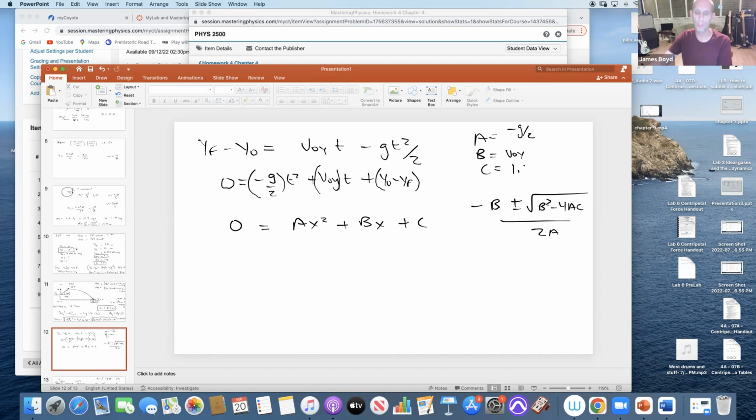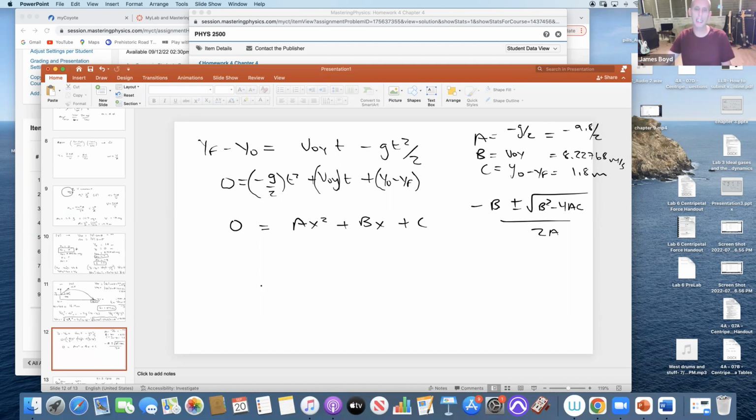Our y initial was 1.8. Sorry, let me actually do it in symbols. Our y final is the ground. Our v initial of y was 8.22768 meters per second, and a is minus 9.8 divided by 2.